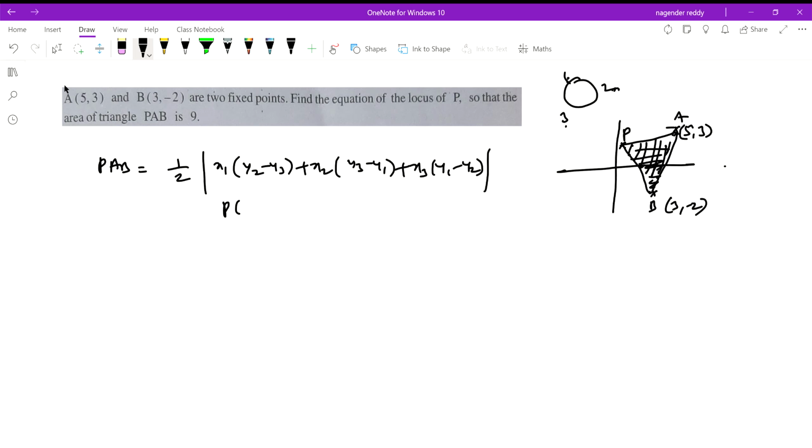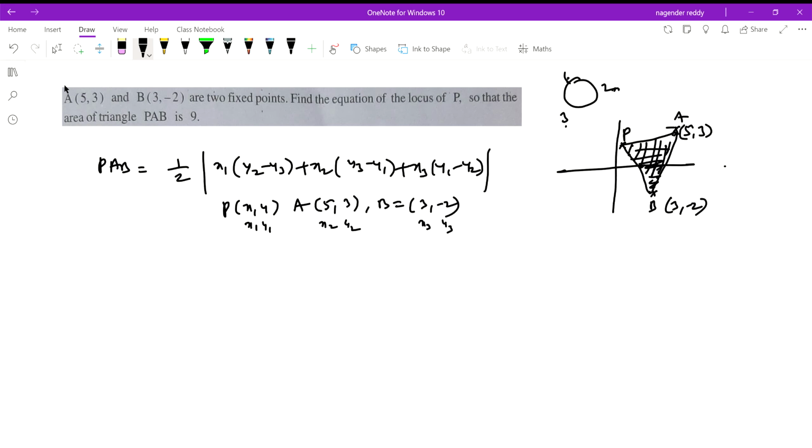For your understanding, I am taking x comma y here, and A is given 5 comma 3, and B is given 3 comma minus 2. Assume x1 y1, x2 y2 and x3 y3.